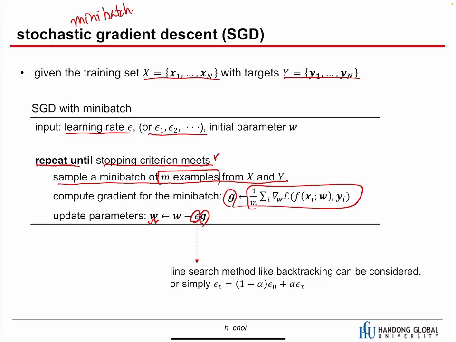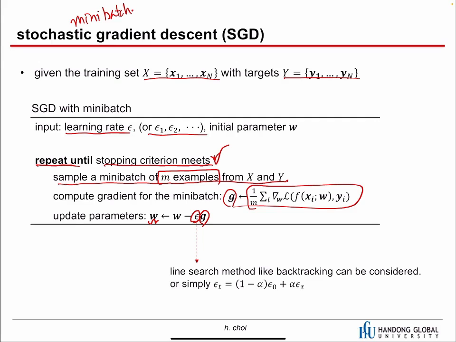Then when do we have to stop? When do we know this has converged? Actually, we don't know. There is no way to determine in theory whether it converged or not, but we can come up with two similar ideas.